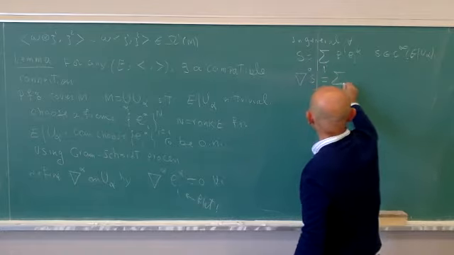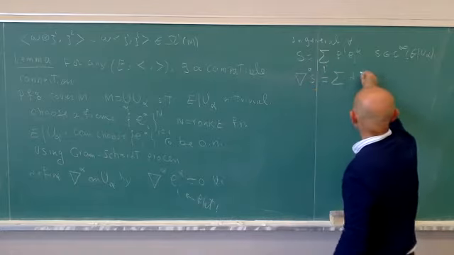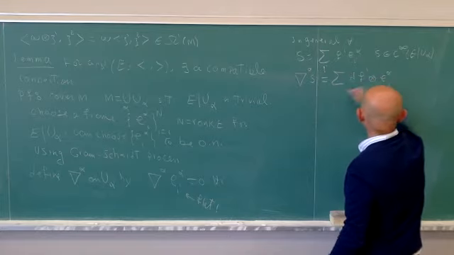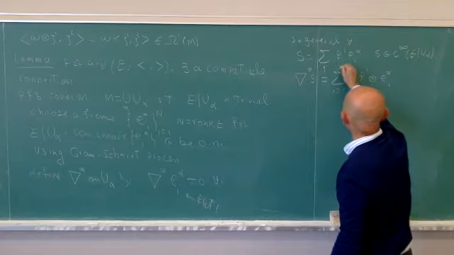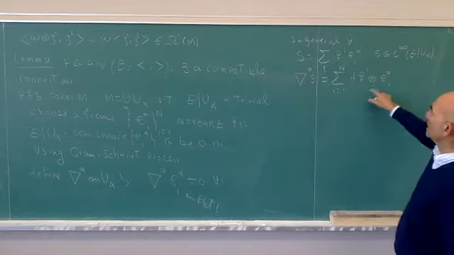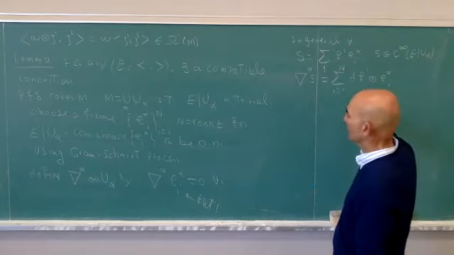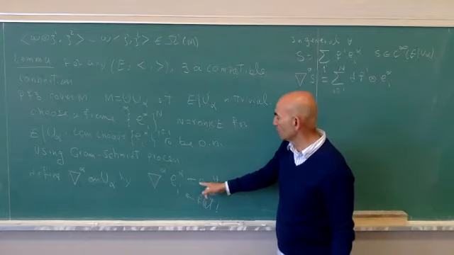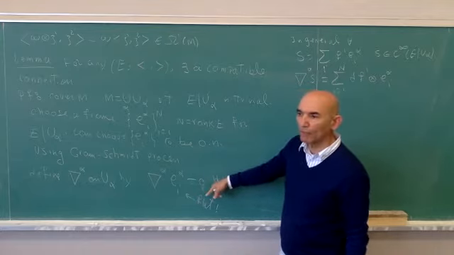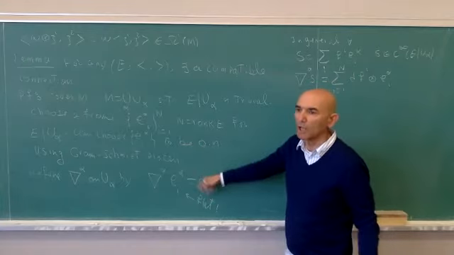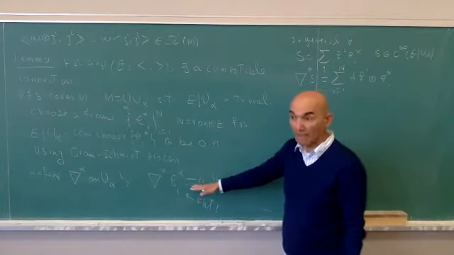This is just the sum of d f i tensor e alpha i over i from 1 to n. Right? Then you check that this is a connection, and you already know that it's a connection. If this was not 0, you could have chosen arbitrary one-forms, and this still would be a connection, but that's not what we want. We want them to be flat. That's important.